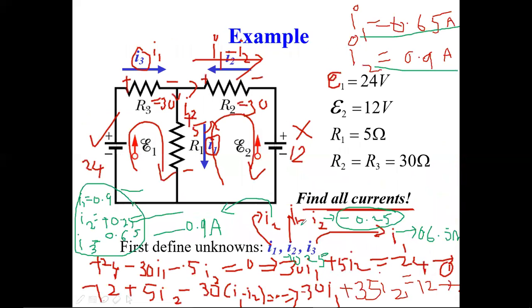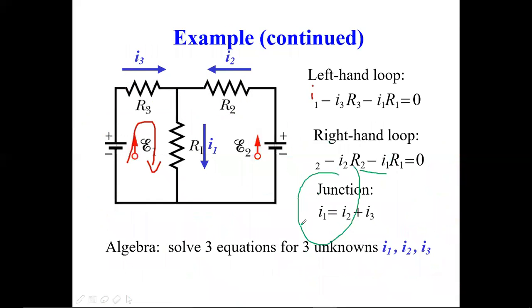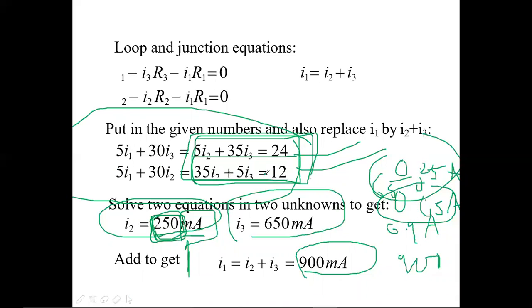If you follow, here you got 30I1 5I2 24, right? Here also 30I1 5I2 24. Some 30I1 5I2 something. You get the same types of answer. So this is the method for finding the currents in all branches. Hope it is clear.